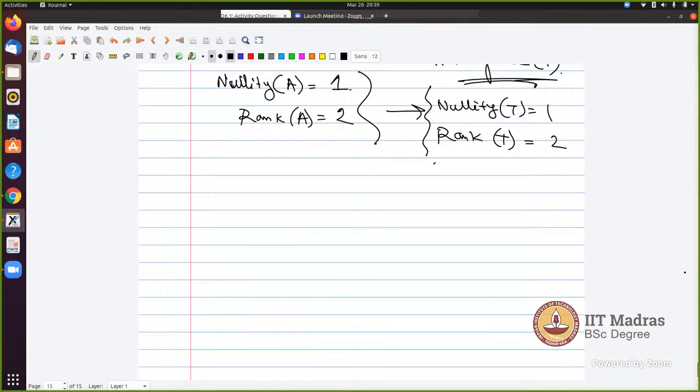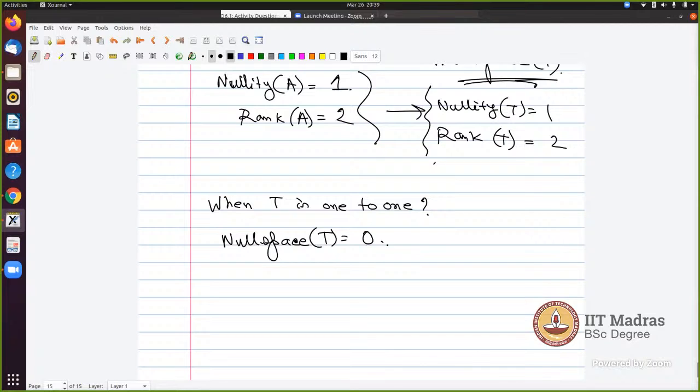Okay. And when a linear transformation is 1 to 1, when the nullity is 0, that means the null space is the 0 vector space. Let me write it.